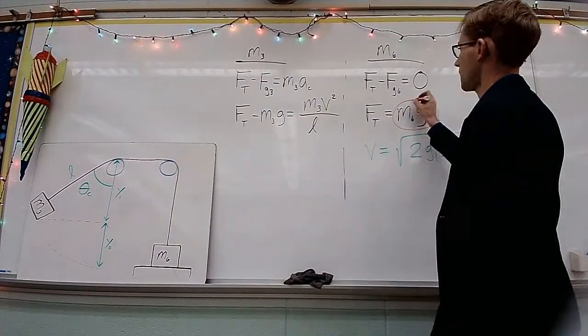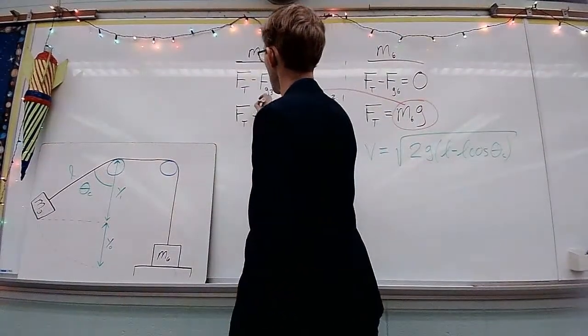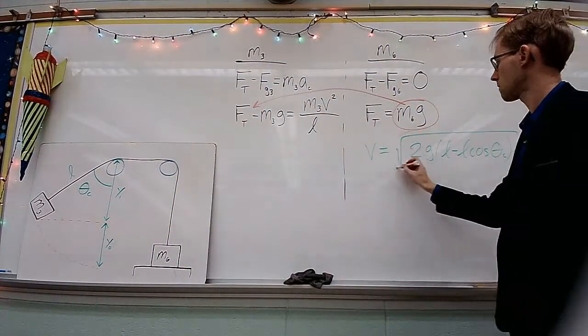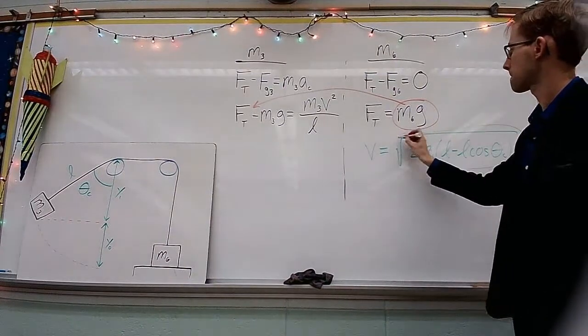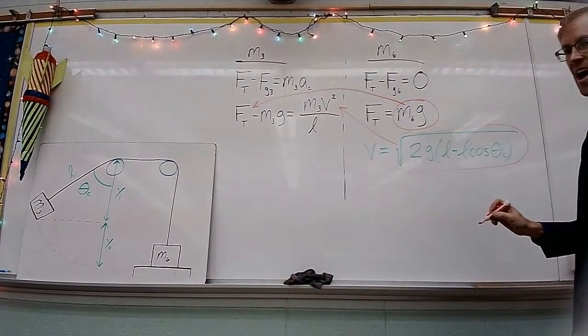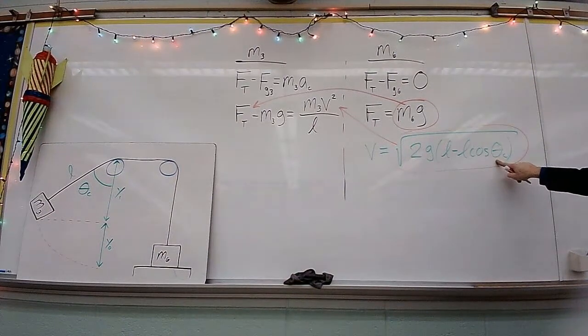We're going to take tension force, put it in there. We're going to take velocity, put it in there. And now we're going to have an expression with just one unknown, the angle that we're looking for. And from there, it's just a math problem.